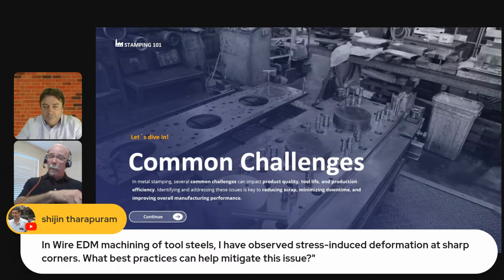Some companies will come and do multiple skim passes, so we get rid of that layer that has been reheat treated. Or you can send the die block out to be tempered again. Again, you'll temper it about 50 degrees Fahrenheit below the last tempering temperature to relieve any stresses that are in there.